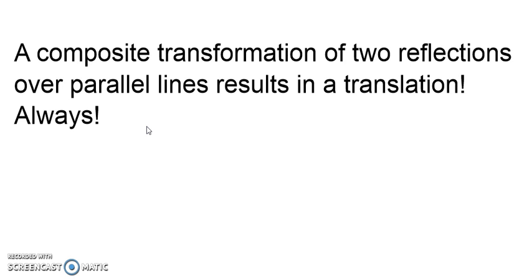So when we reflect it twice over that horizontal line, or it could be a vertical line also, we'll flip the orientation, but then we'll flip it back to the original orientation. So you could always shorten a double reflection over parallel lines by just doing one translation. I want you to make sure that you have this noted.